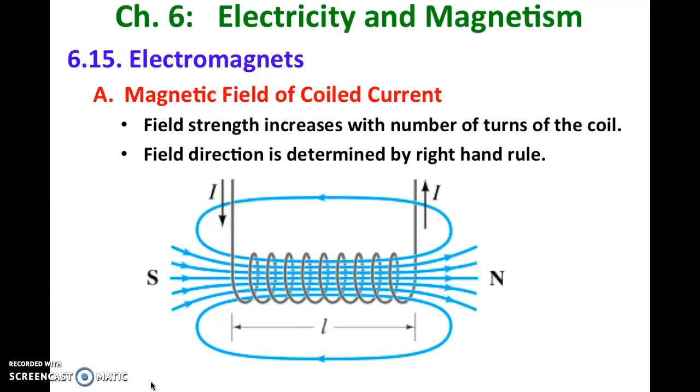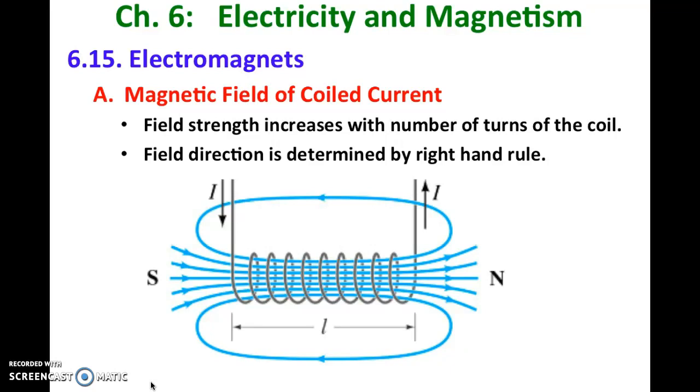The magnetic field of a coiled current is similar to that of a magnet. The field strength increases with the number of turns of the coil and also with the current. The field direction is determined by the right-hand rule.